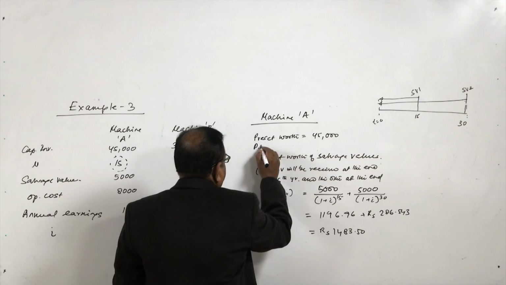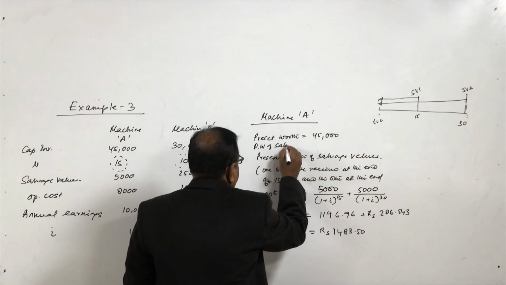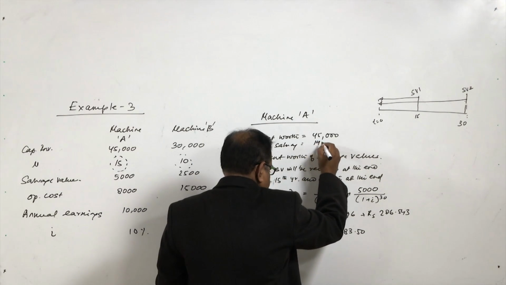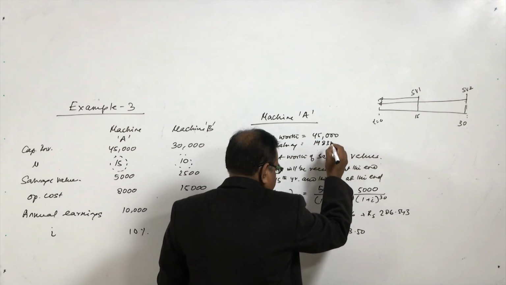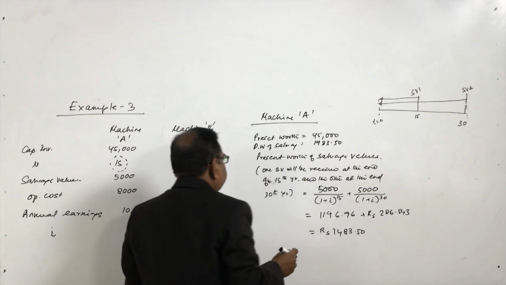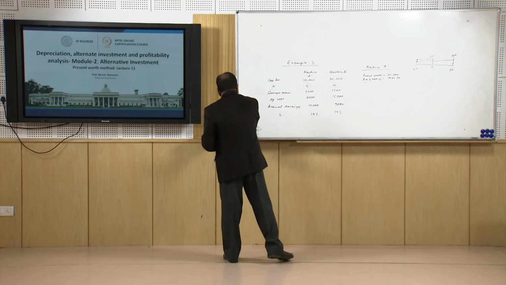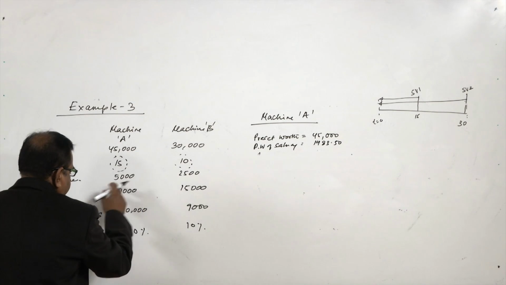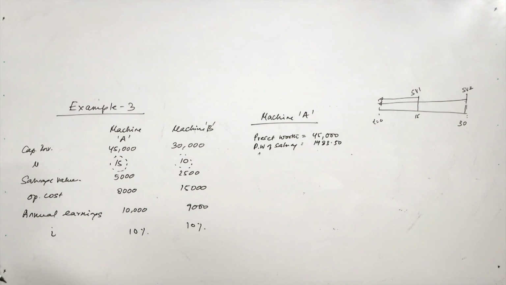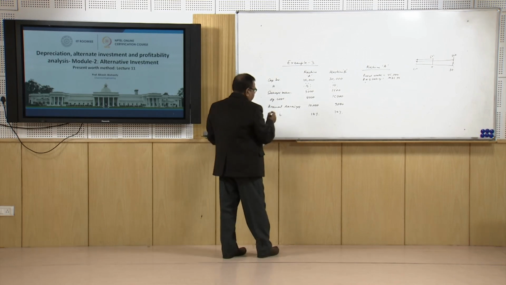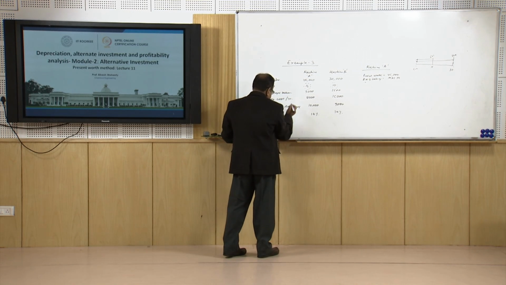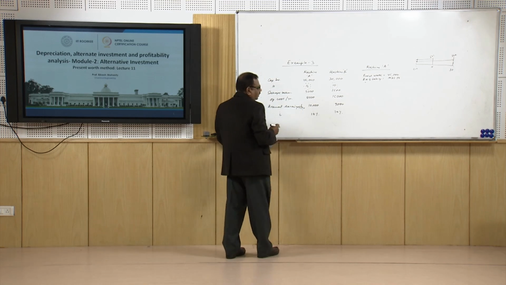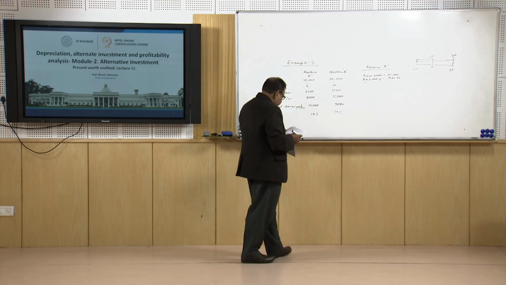Now, present worth of salvage is equal to 1483.50. What I have to do, I have to find out the present worth of this 8,000. This is the annuity, because operating cost is per year. This earning is also per year. So, these 2 are annuities. I have to find out the present worth of this.